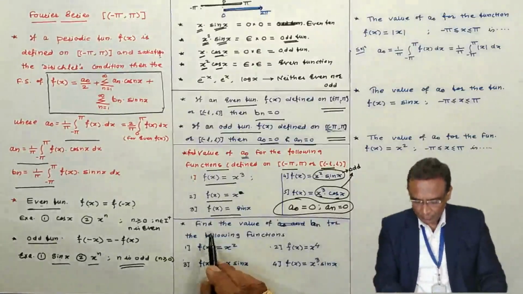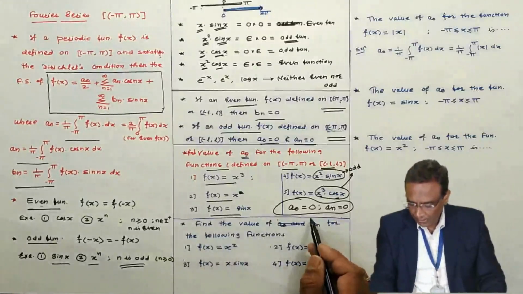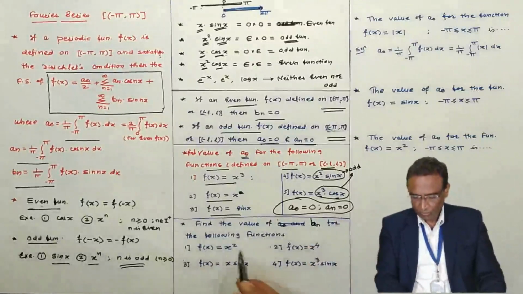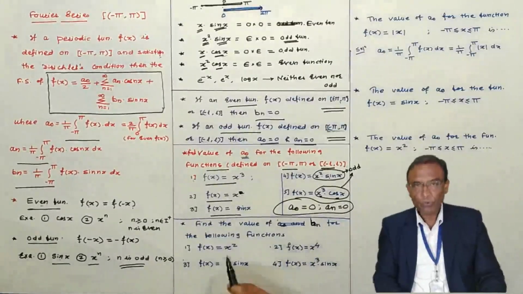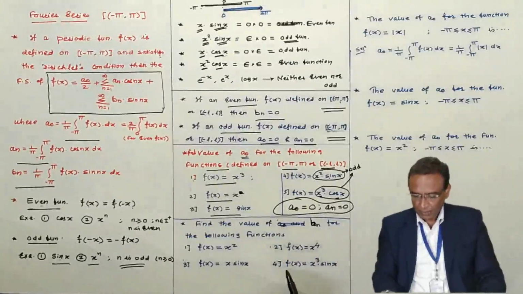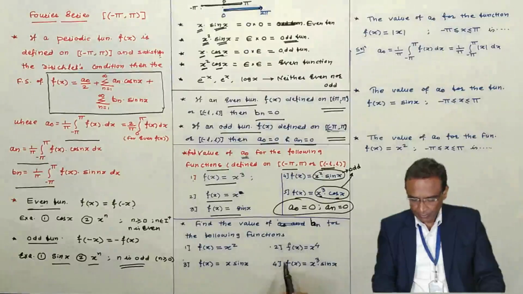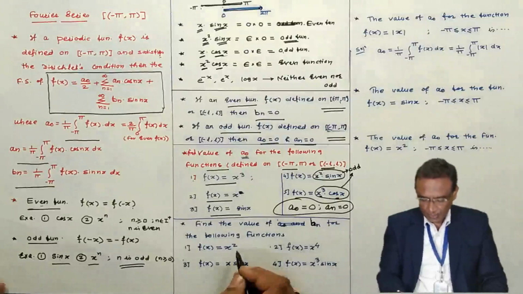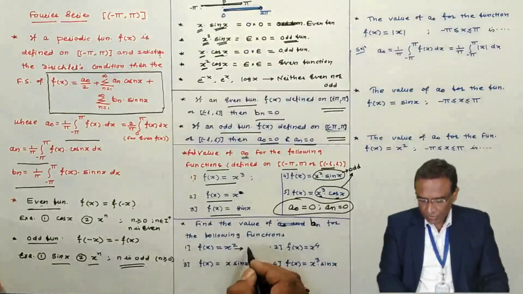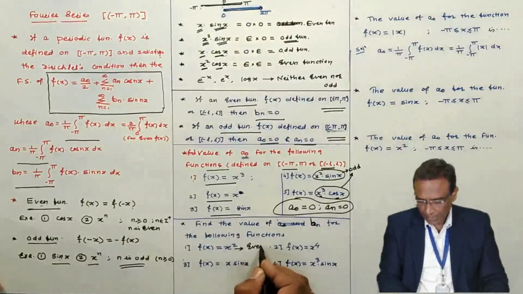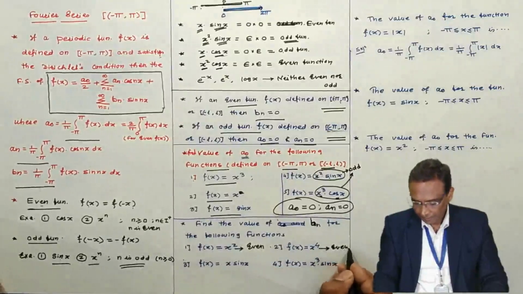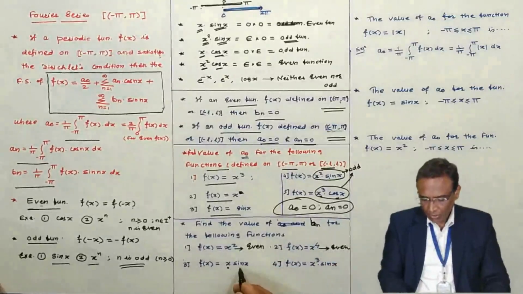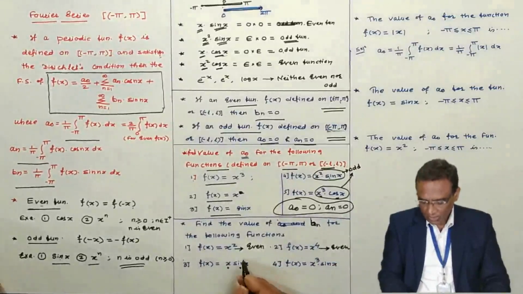Now, find the value of Bn for the following functions. Okay. See, this function is what? Even, x to the power 2. This is an even function. x is odd, sine is odd, odd into odd is even.